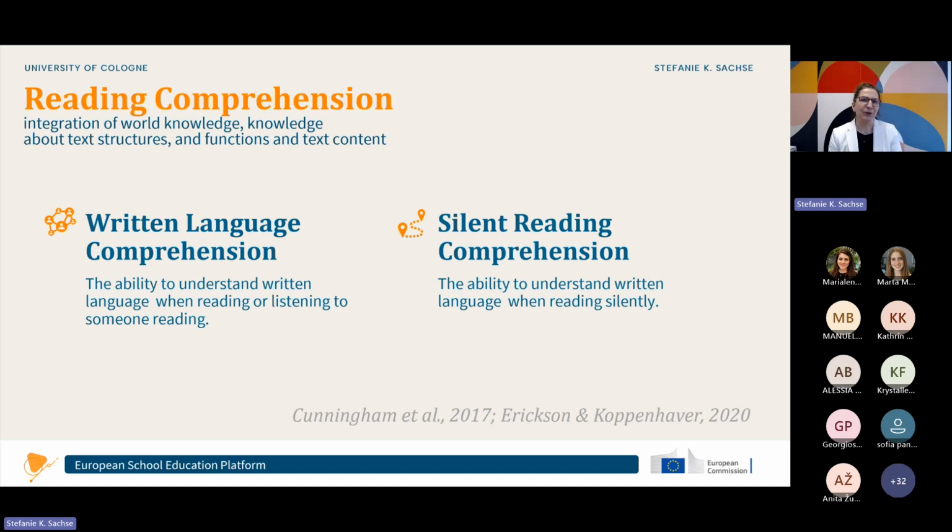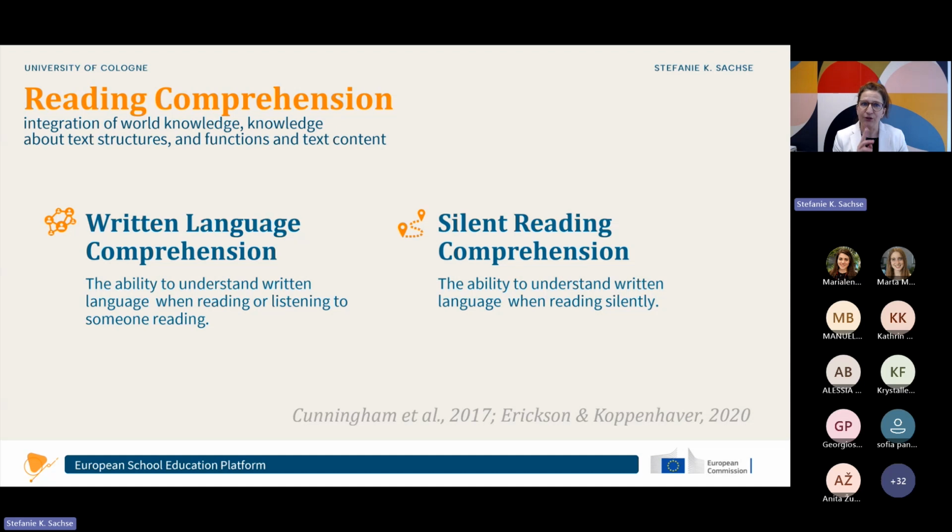It's helpful to look at those terms. Written language comprehension is the ability to understand written language, either when you're reading yourself or when you listen to somebody reading.